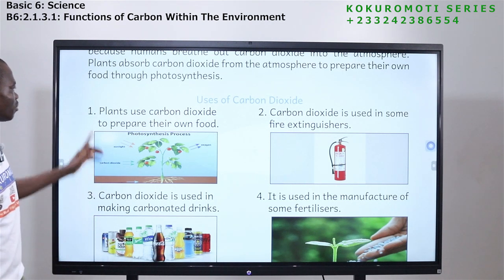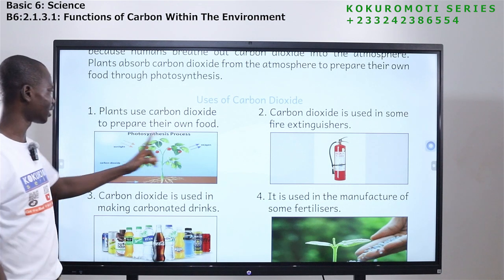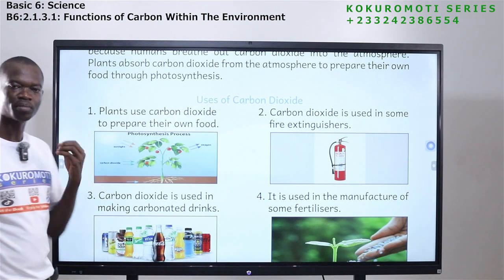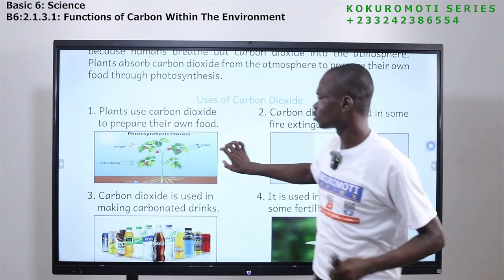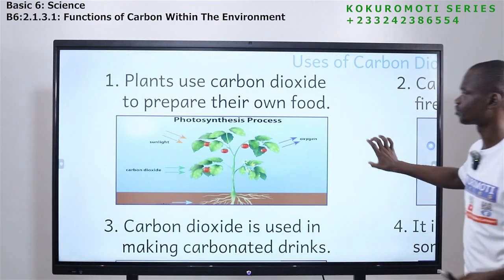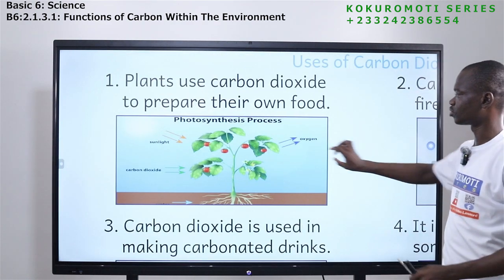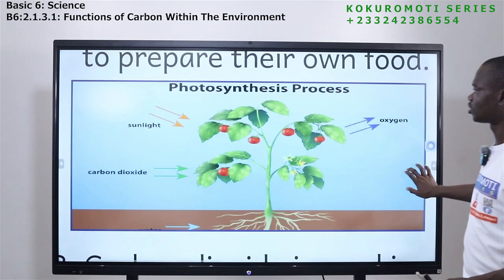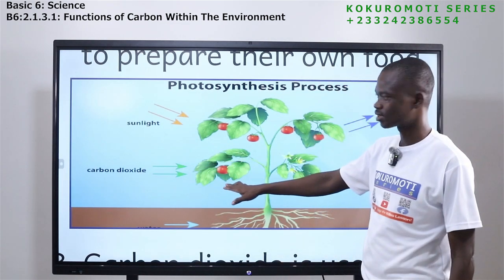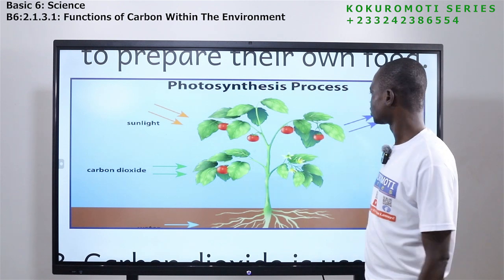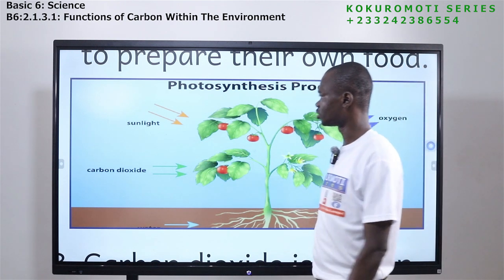The first one is that plants use carbon dioxide to prepare their own food. That process is what we call photosynthesis. So you see, this is carbon dioxide going into the leaves. The plant needs it to prepare its food.